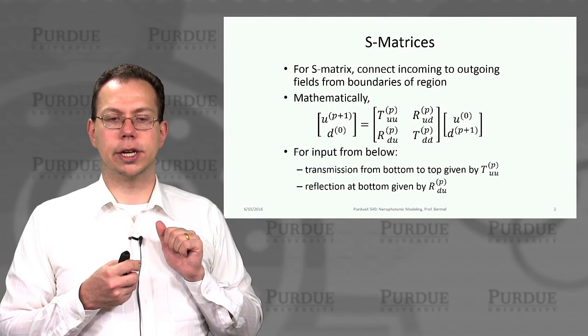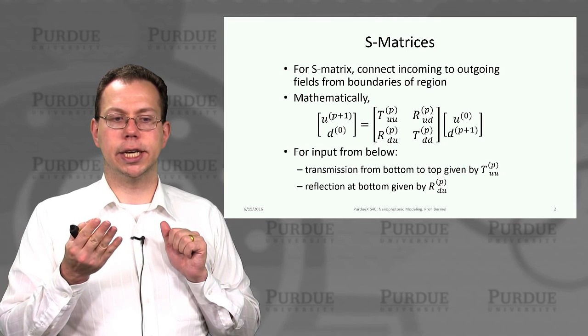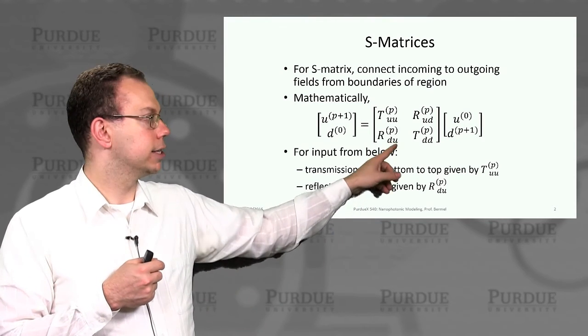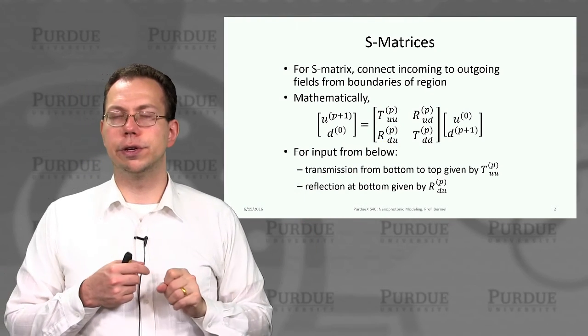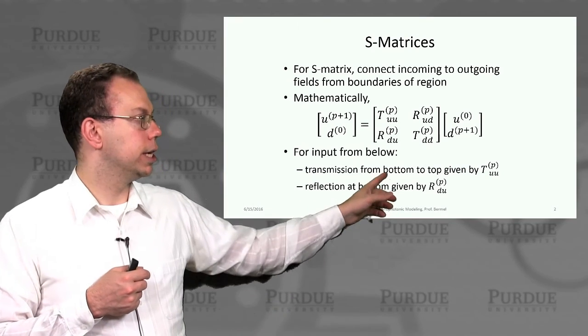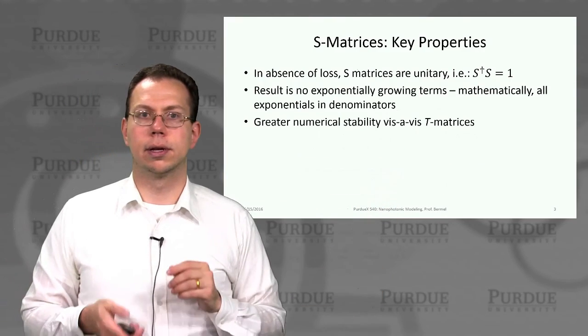Okay, and so you can obviously see just physically that the transmission from the bottom to the top must depend on this first element, t uu of p, and then the reflection at the bottom, for example, would be r du of p.